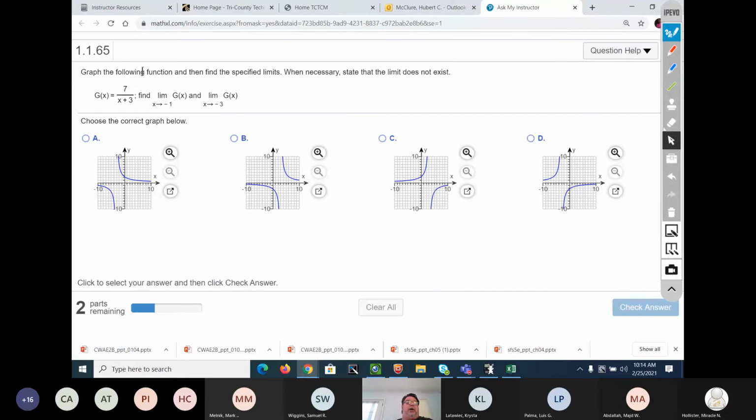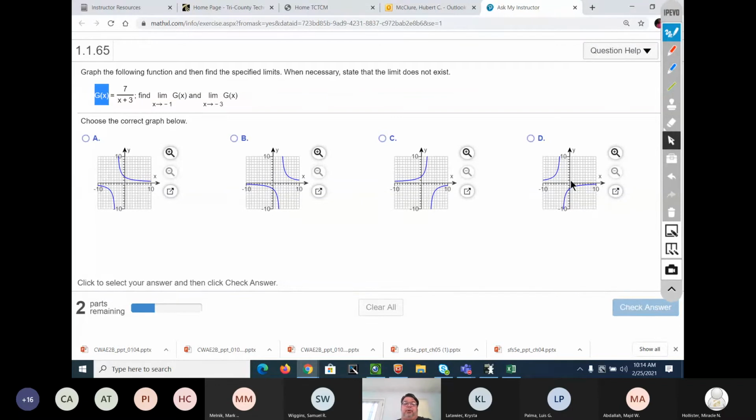All right, this one says graph the following functions, then find the specific limits. First you type this in your calculator. You're going to have a vertical asymptote at negative 3. So which graph has a vertical asymptote at negative 3? Alpha or delta? It's one of those two.